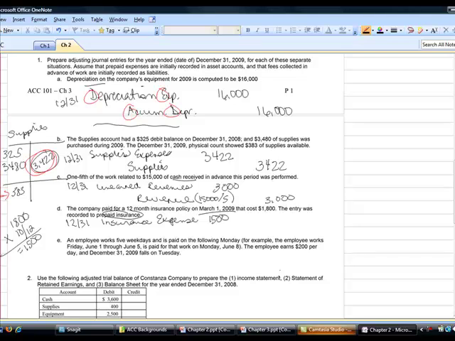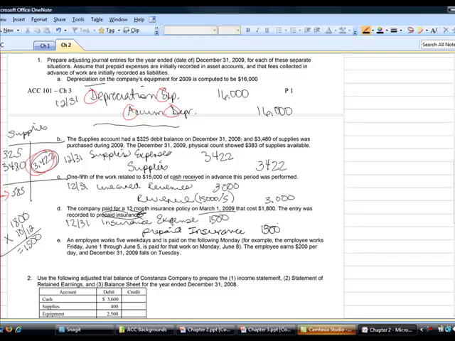I'm recording expense. I've actually used 10 months. My credit is going to be to decrease my prepaid insurance. It's $1,500 got used up. So I want to decrease my asset account so that the balance in prepaid insurance reflects only 2 months.